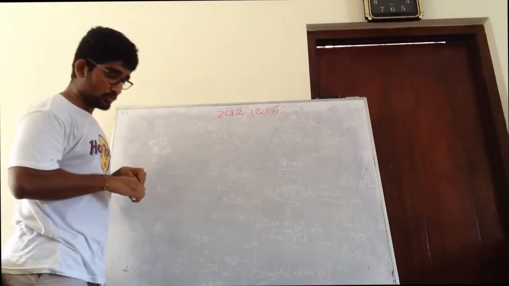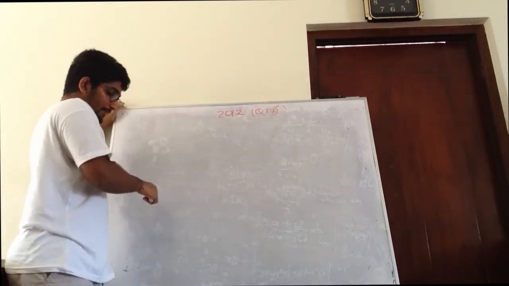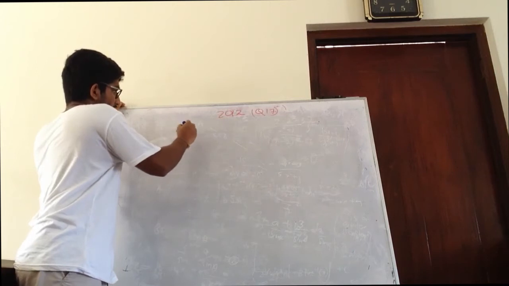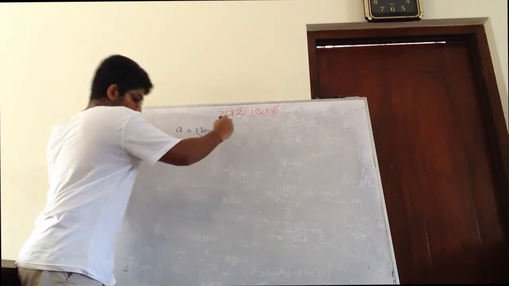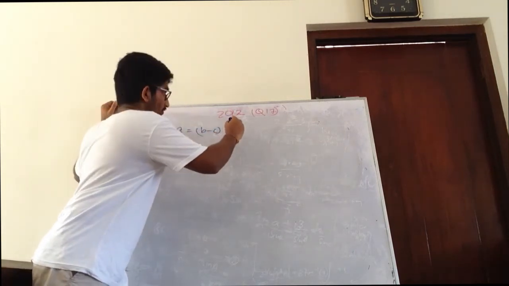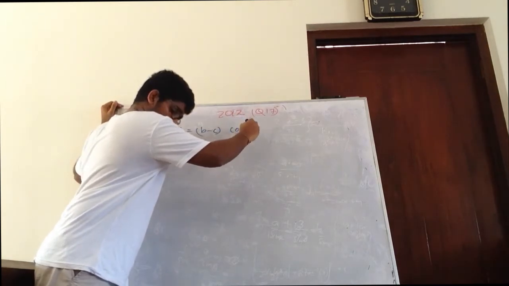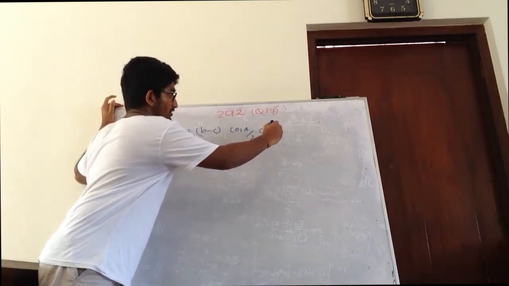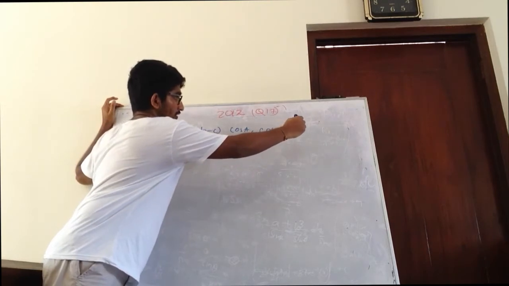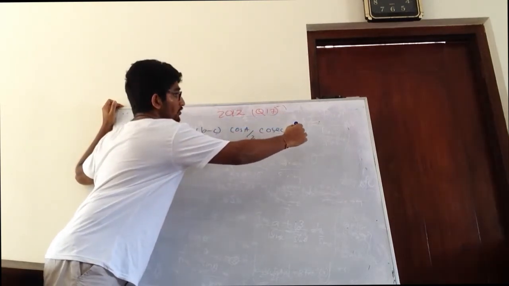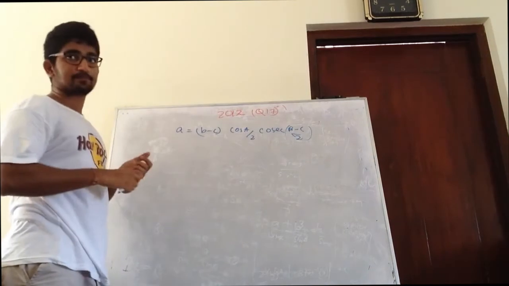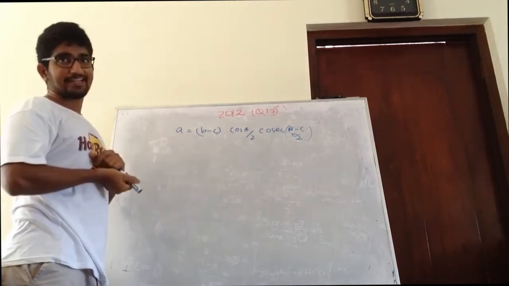Now they are asking A equals (B minus C) cos A over 2 cosec (B minus C) over 2. Okay, so they are telling us to deduce it.